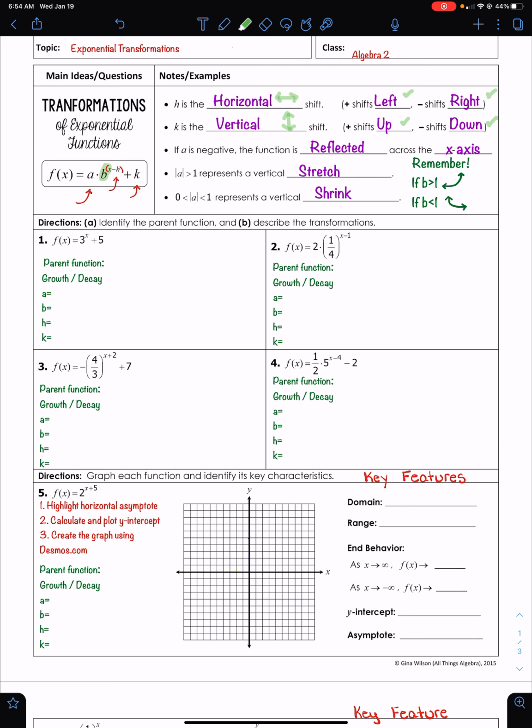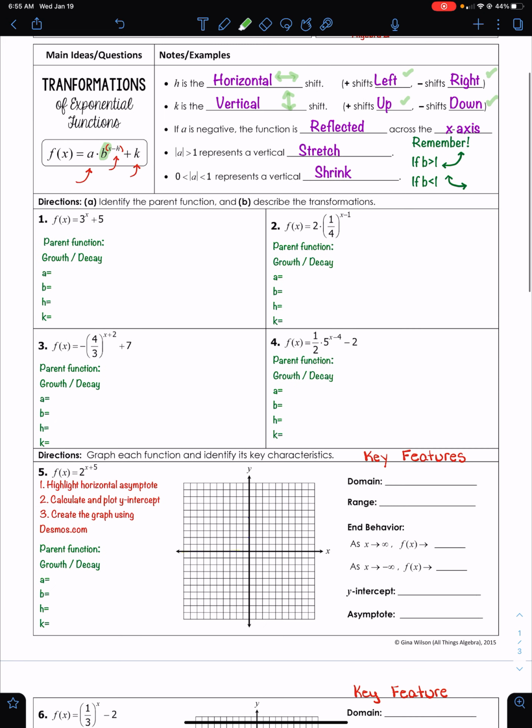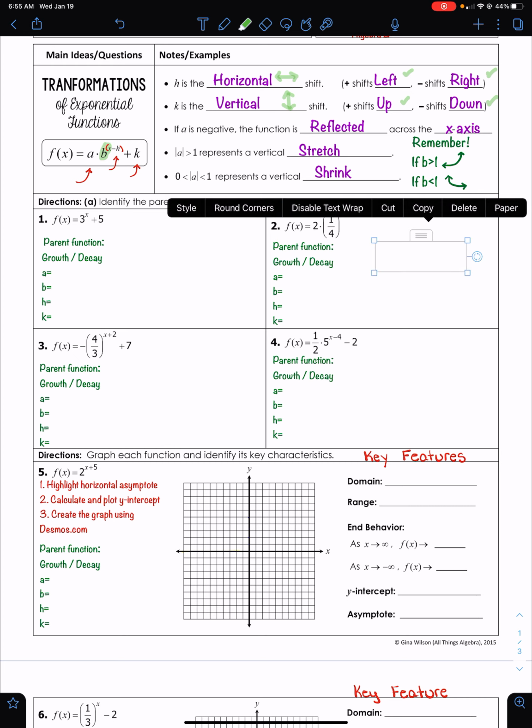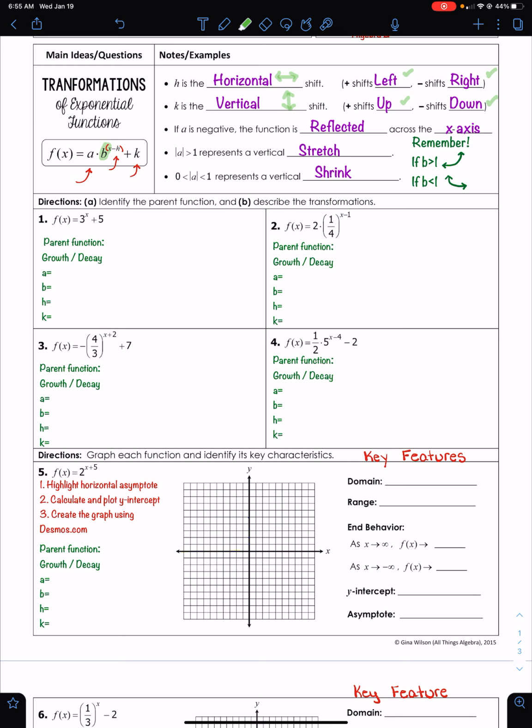And if a is greater than 1, it is going to have a stretch, which means it is going to seem more thin. And if it is between 0 and 1, like 1/2 or 1/4, then it's going to be a vertical shrink. It could be negative, but I'm just saying a itself will be a fraction.